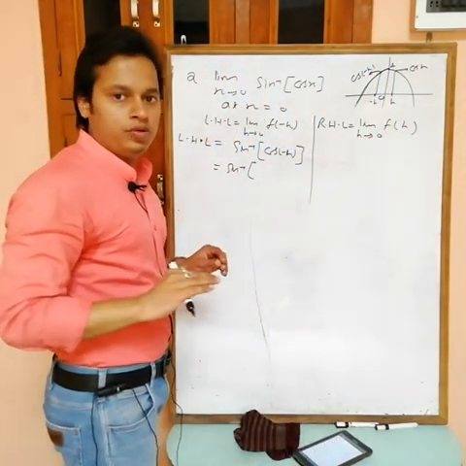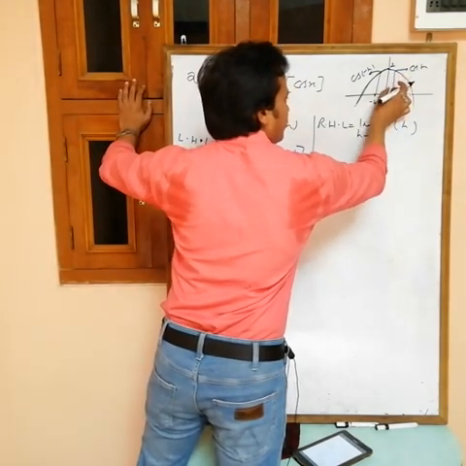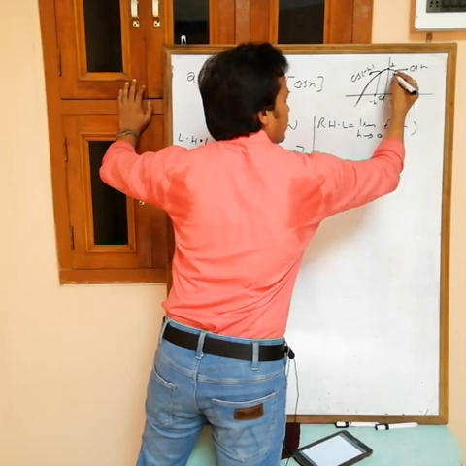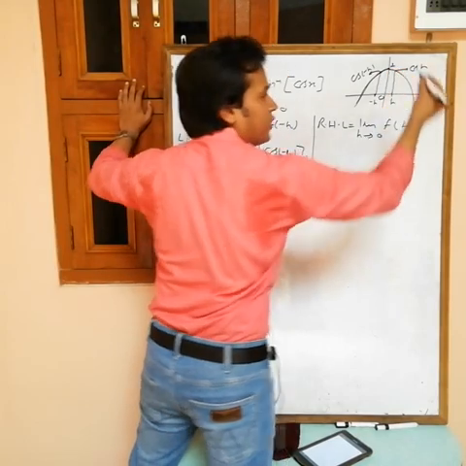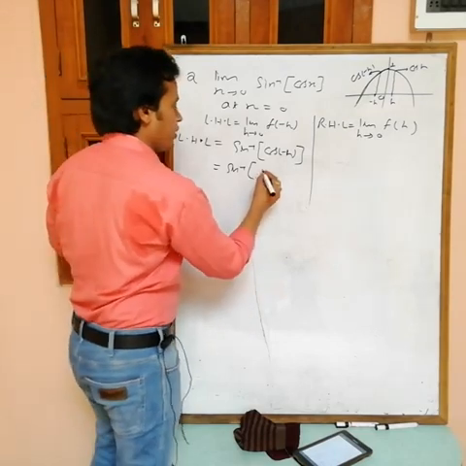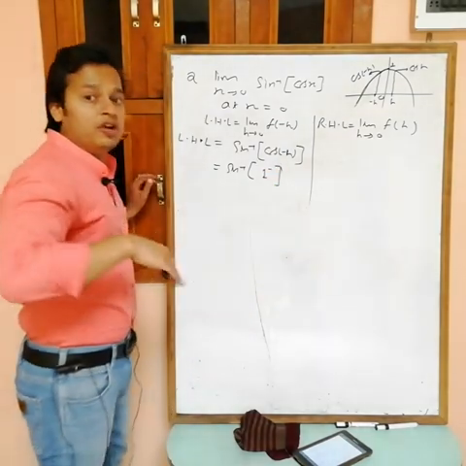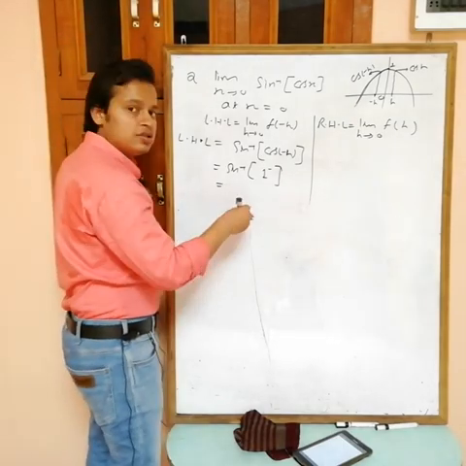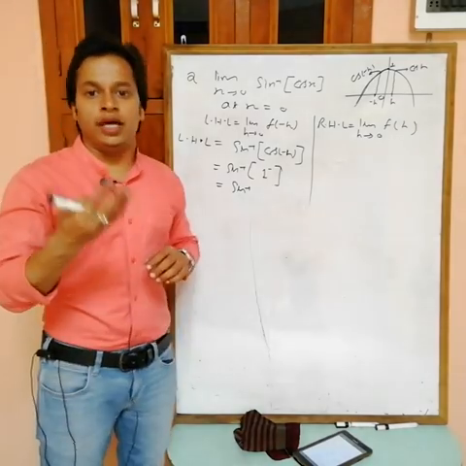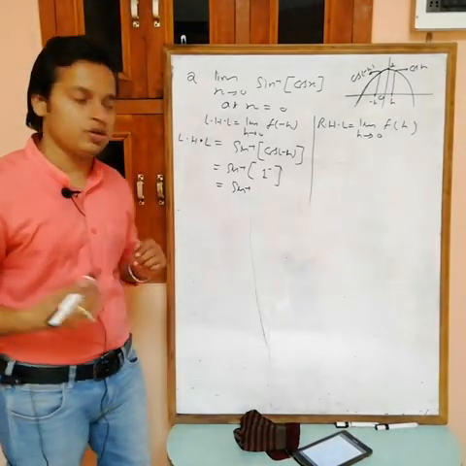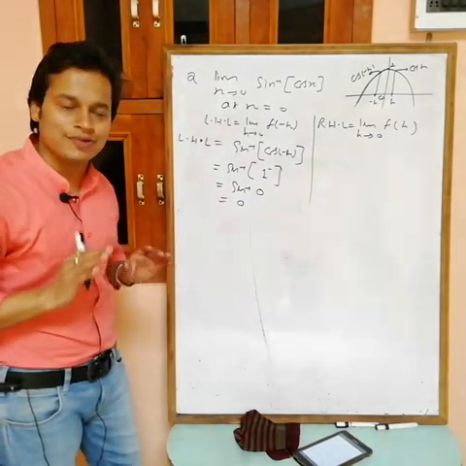Both are just less than 1. Actually cos h is a bit different, but I am drawing it this way to write it clearly. So cos minus h is just less than 1, so I can write this as 1 minus. Now the greatest integer of 1 minus is 0. Suppose this value is 0.99999, then the greatest integer of this is 0. So sine inverse 0 is equal to 0. So LHL is equal to 0.